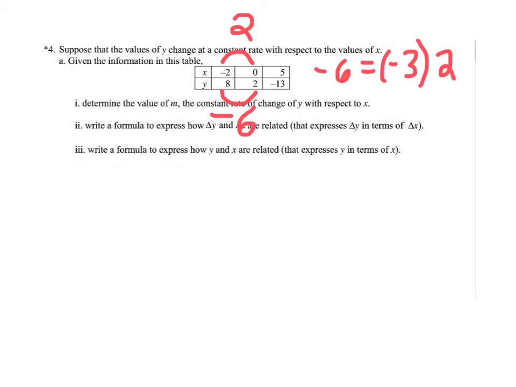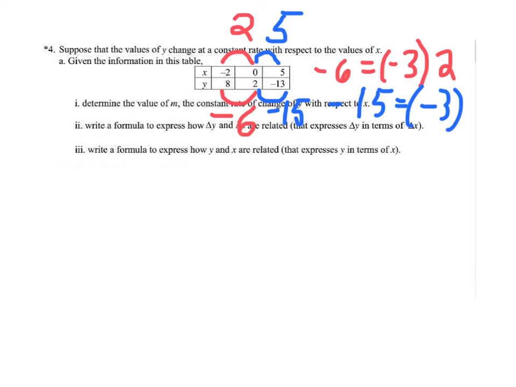Let's check the second and third xy pairs to see how they change together. As x increases from 0 to 5, the change in x is 5. Similarly, as y changes from 2 to -13, the change in y is -15. With this relationship, -15 is -3 times as large as 5.